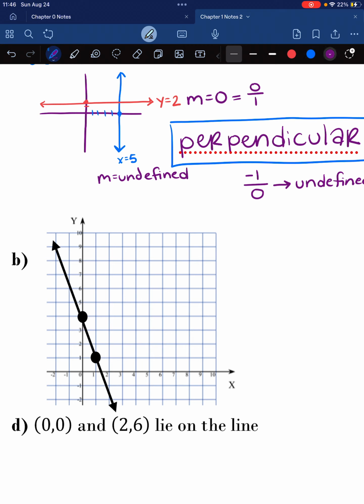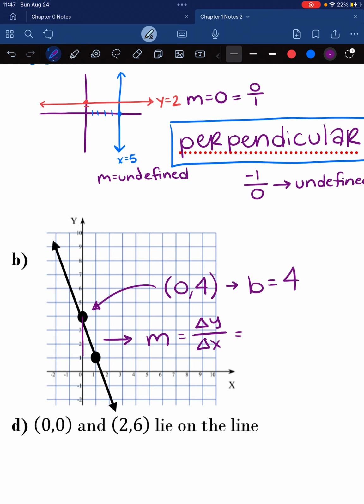Okie dokie. So here I can see pretty easily my y-intercept. My y-intercept is at (0, 4), which means that my b is 4. And my slope, remember it's going to be my change in y over my change in x.